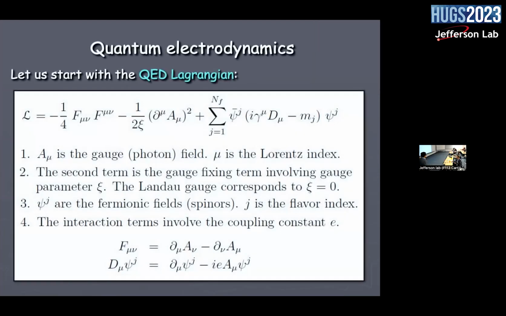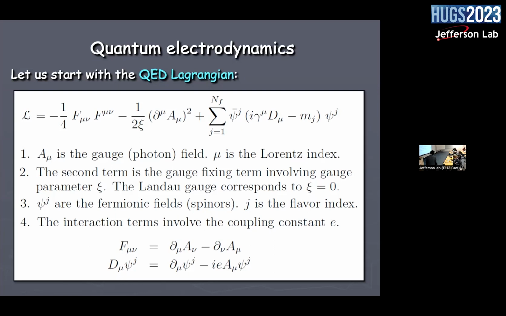Okay, so let's start. We had already seen last time the Lagrangian of quantum electrodynamics. What I had missed last time was this gauge fixing term, but now I've added that. This is the same covariant derivative. Here are the interactions between the fermions and the photons. This part is the dynamics of the photon field. A mu is the gauge field.